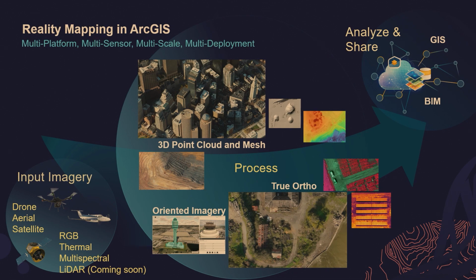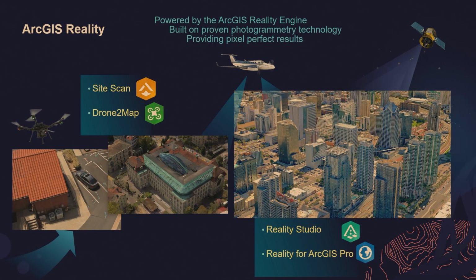All of this content can then feed our GIS and BIM systems, which help us to perform a variety of tasks and make better decisions. These end-to-end workflows are all possible with ArcGIS Reality, our suite of photogrammetry products that can harness the data collected through reality mapping to generate foundational content.